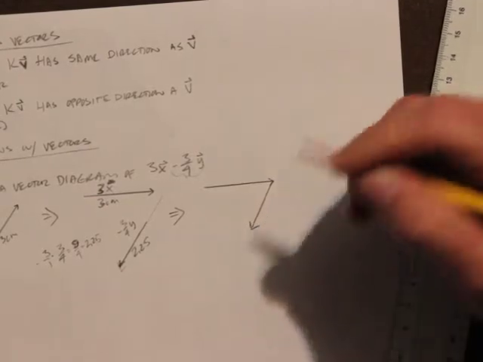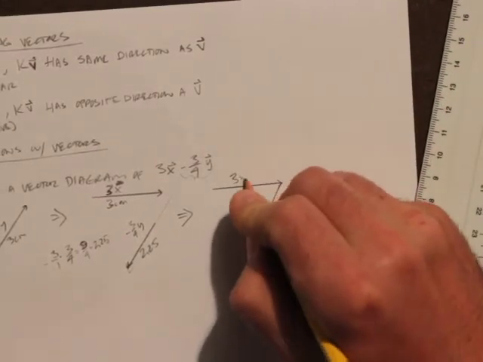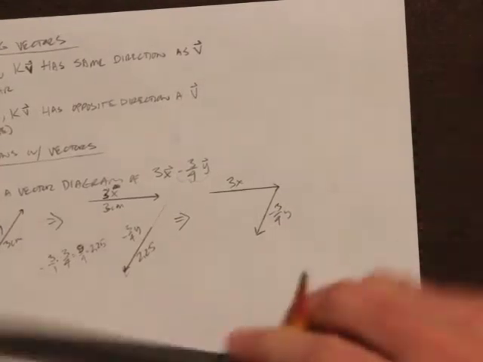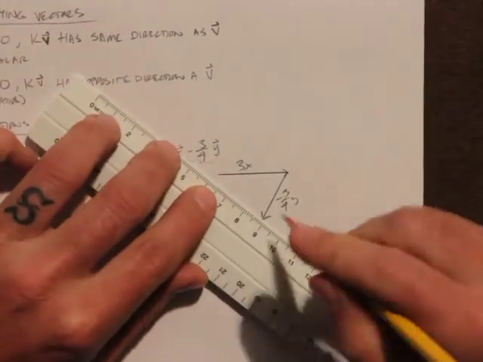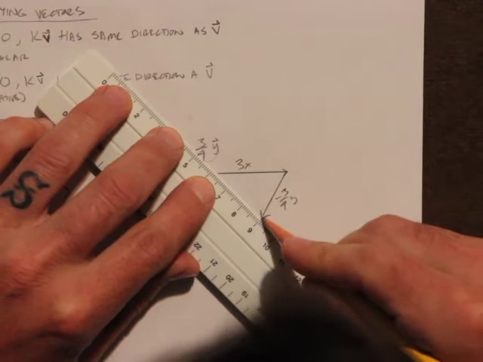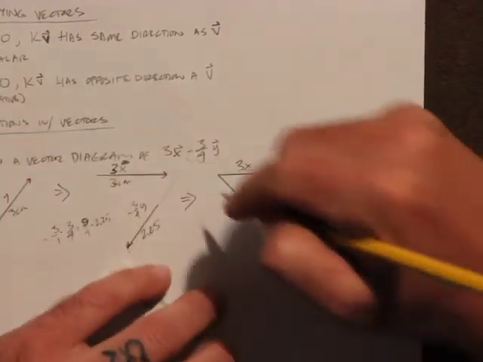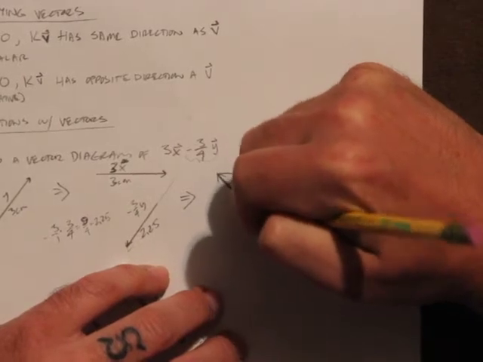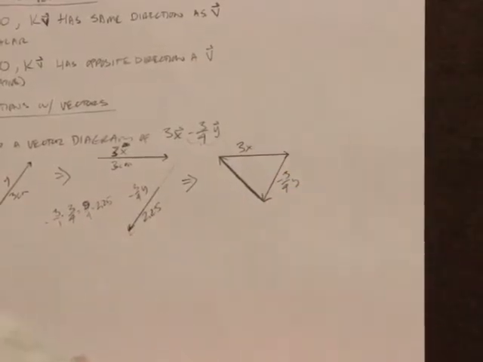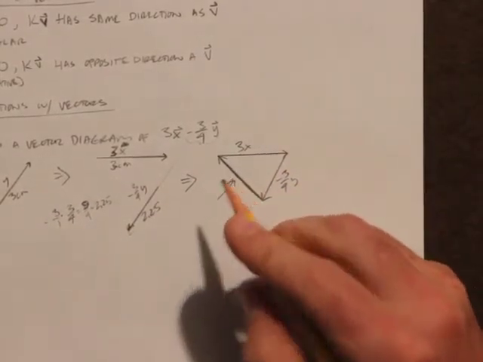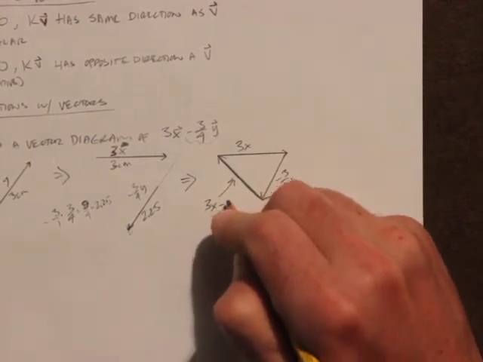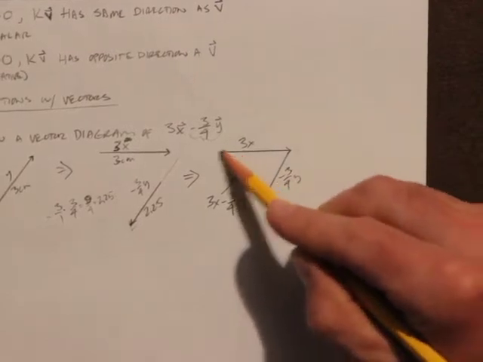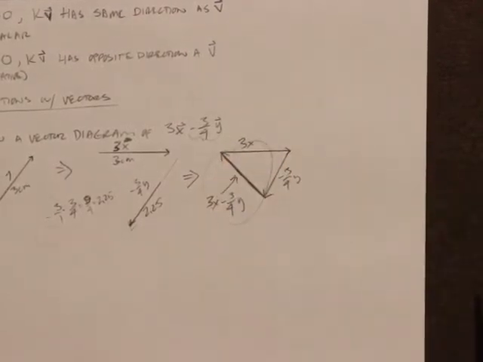There we go. So this one was 3x, and this one is negative 3/4 y. And then I connect these two guys. And this is going to be my 3x minus 3/4 y. That's my answer.